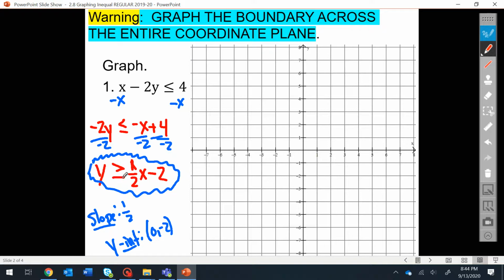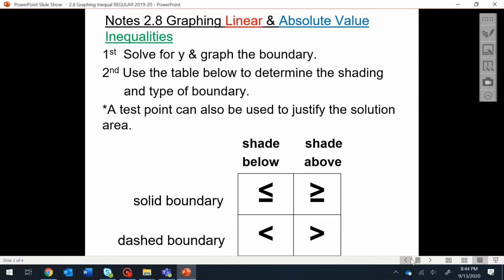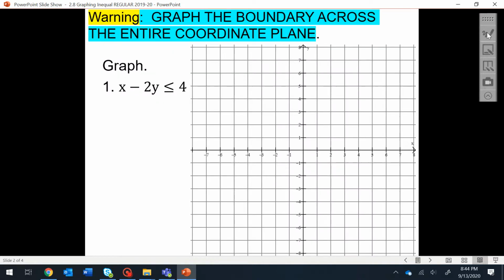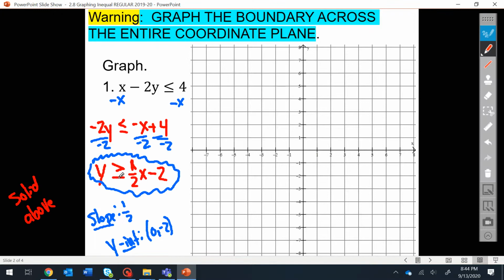So this will be a solid boundary shaded above. Put that over here, solid above. So if you look back on the table, remember, if it's opening towards the left, so we're looking at this symbol right here, left, line, solid boundary shaded above. Open left, line under, solid, shaded above.